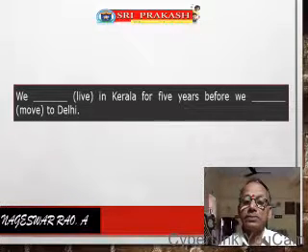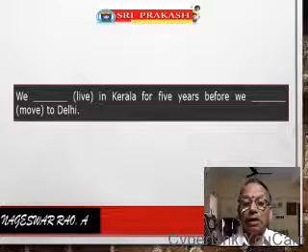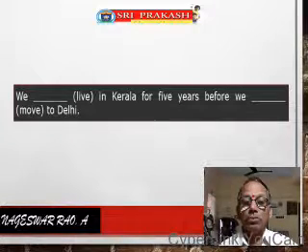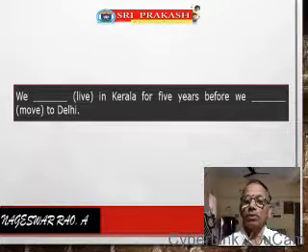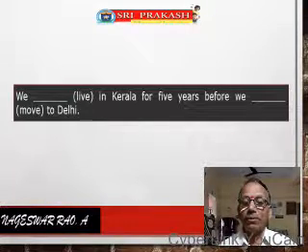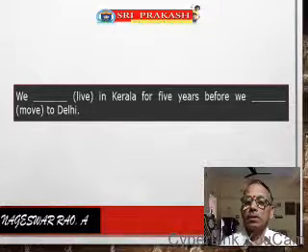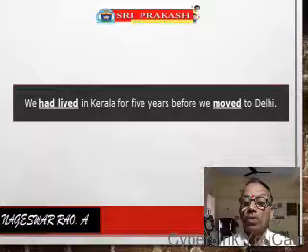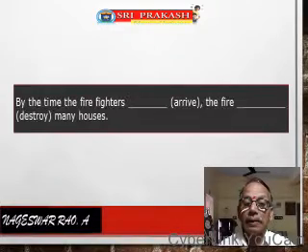Here, living in Kerala took place first. Hence, we should fill that blank with past perfect tense. Hence, the sentence will be: We had lived in Kerala for 5 years before we moved to Delhi.